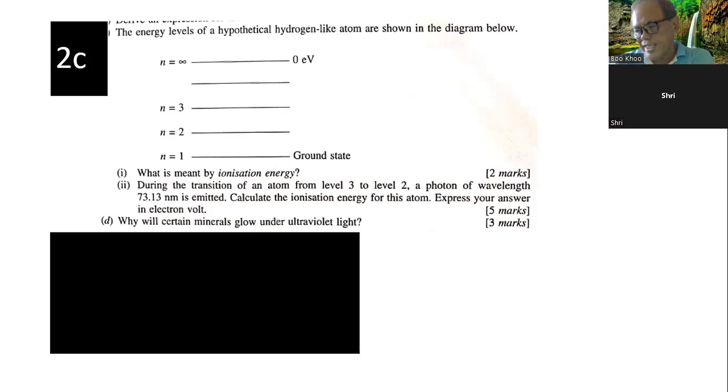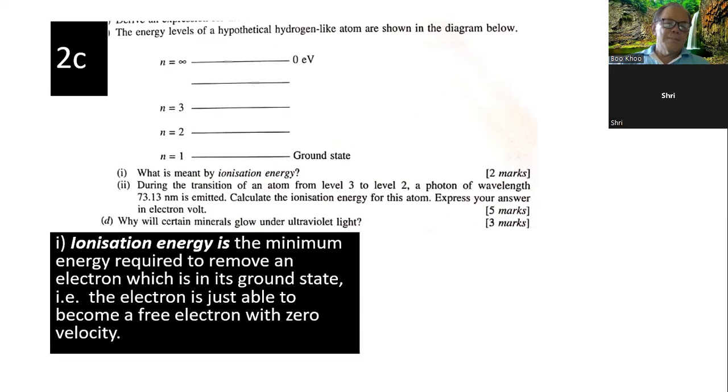Ionization energy is the minimum energy required to remove an electron which is in the ground state, such that the electron is just able to become a free electron with zero velocity. That means it goes from the ground state to energy level zero electron volt.